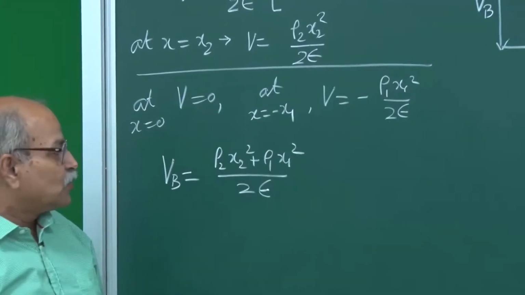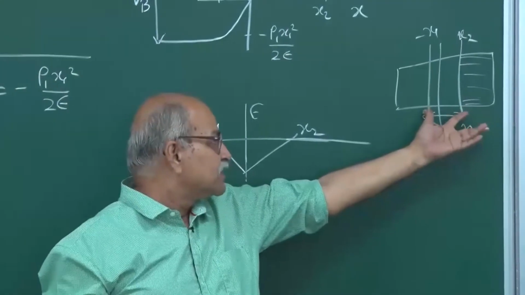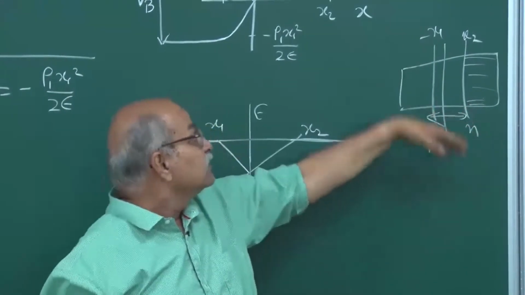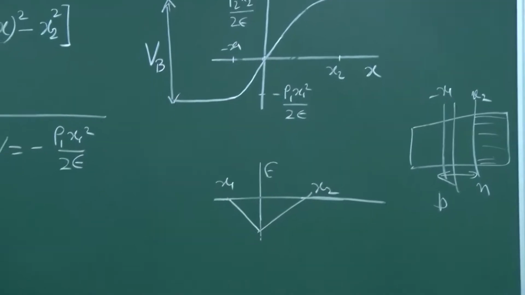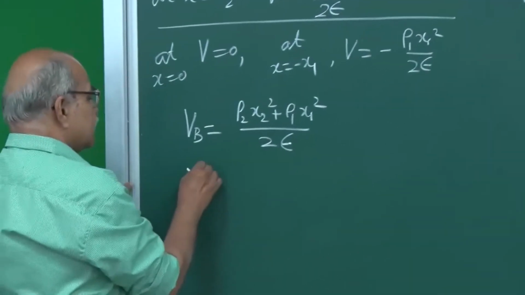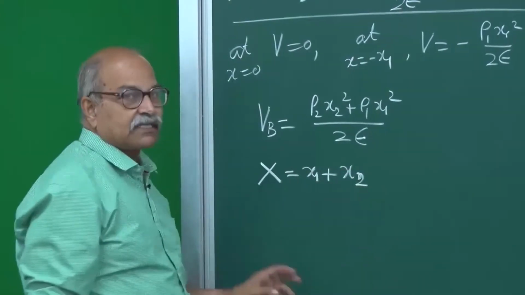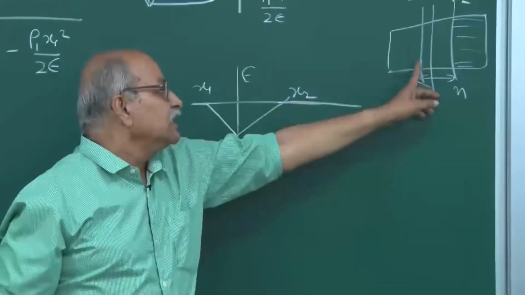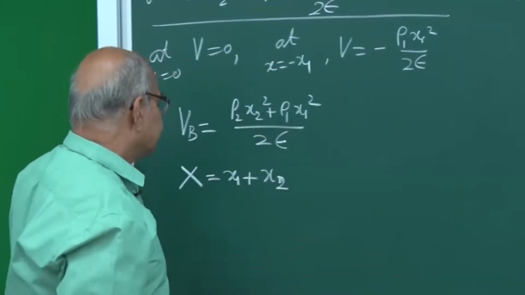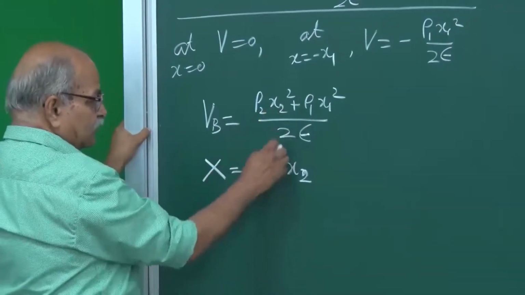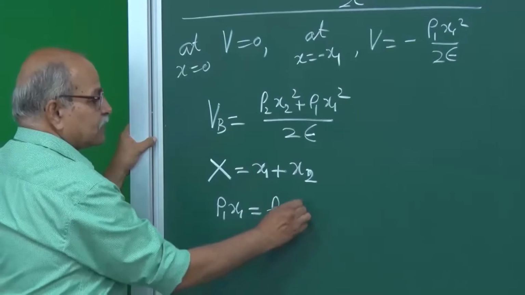Let us try to write the width of the depletion region, the relation between that and this potential barrier that we have calculated. So what we are interested in is the width of the depletion region, which is x1 plus x2. This x1 and this x2, this is the total width of the depletion region. You have one more relation, and that is rho 1 x1 is equal to rho 2 x2.